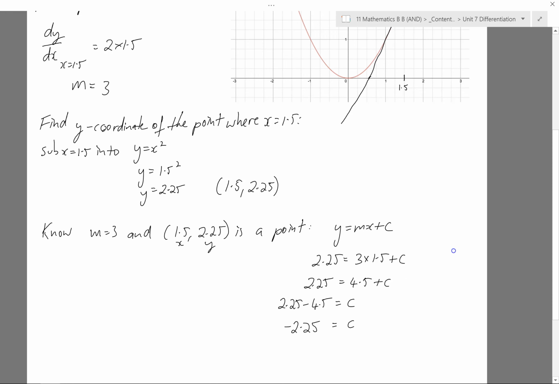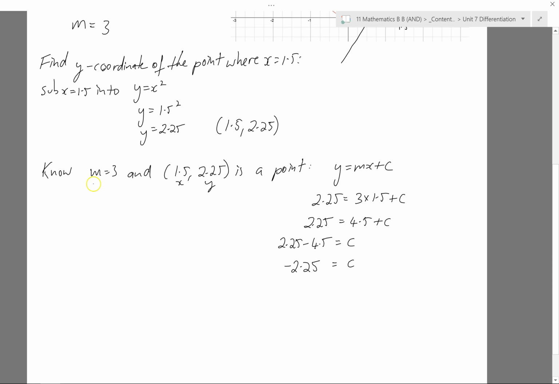I've now got my c value. So I know that m is 3 and c is minus 2.25. The equation of the tangent will be y equals 3x minus 2.25, because my m value is 3. So this is mx plus c.